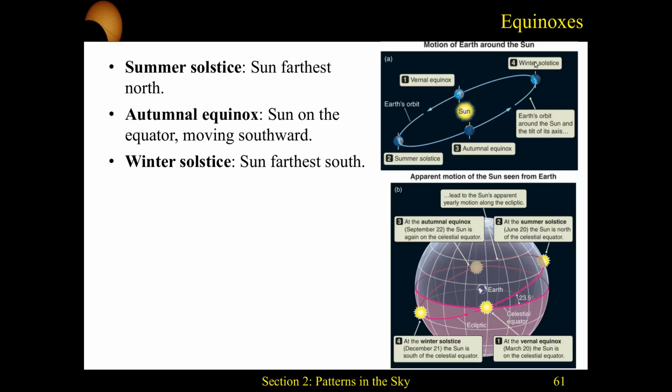Back into our actual motion of the Earth around the sun, it's that furthest point south that you would ever see the sun in the sky. This will mark near the end of winter. Then, keep going around, the vernal equinox, when the sun catches up with the equator again. This is going to start defining the transition between seasons.